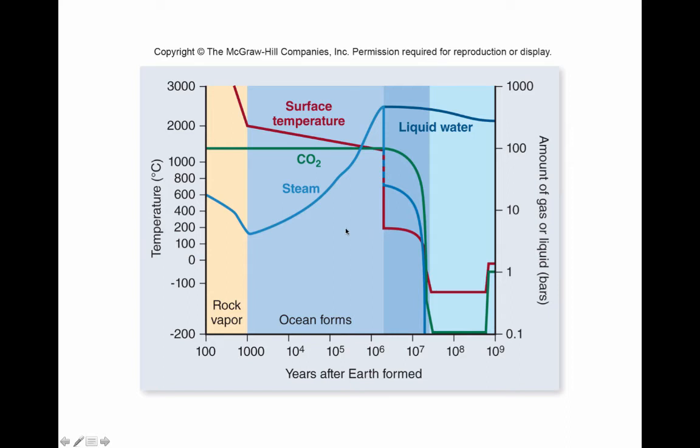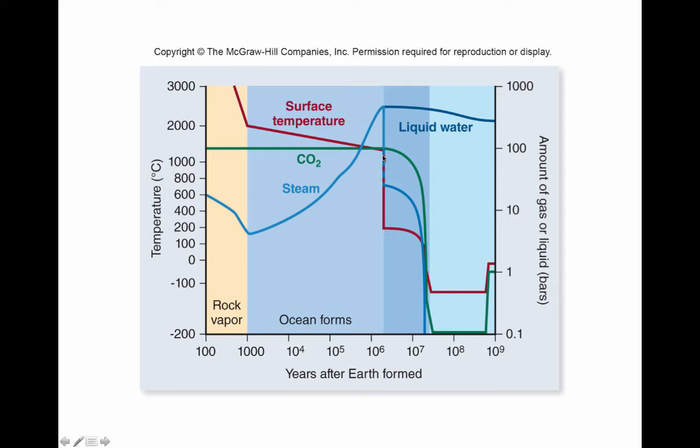What this graph really shows is how tightly connected these three factors are: the surface temperature of the Earth, the amount of carbon dioxide in the atmosphere, and the amount of liquid water present. As we can see, as the surface temperature starts to decrease, once we get to a temperature of 100 degrees Celsius, the boiling point of water, then we start to have liquid water.